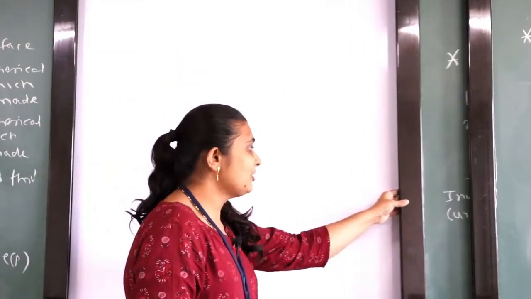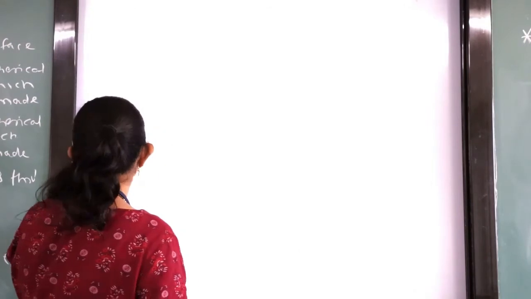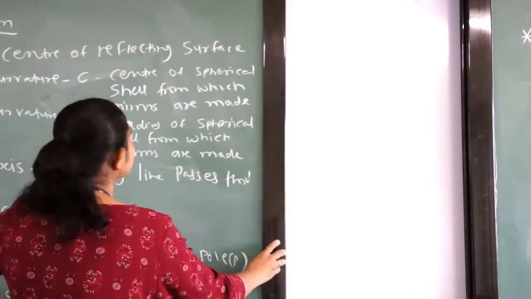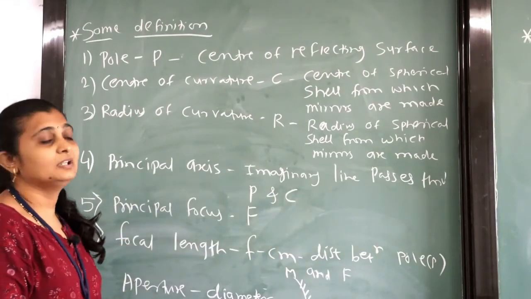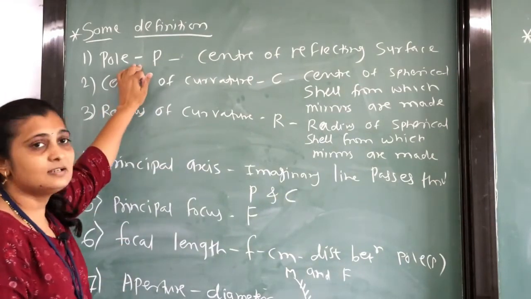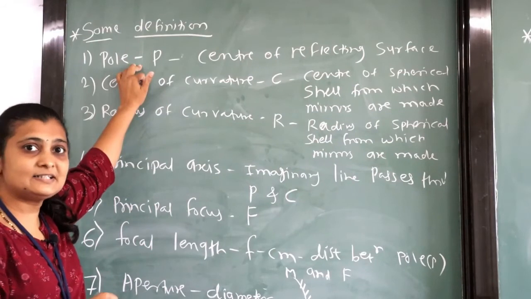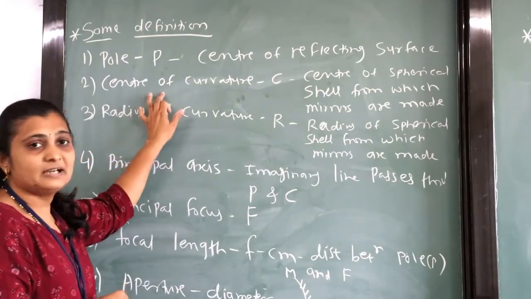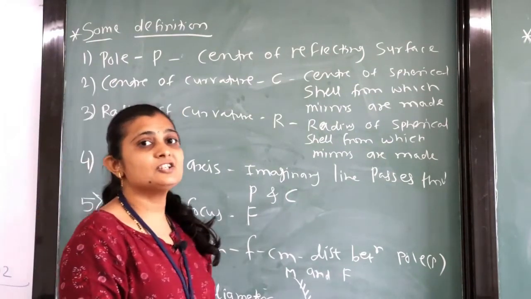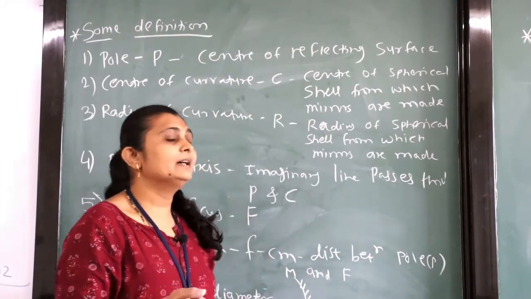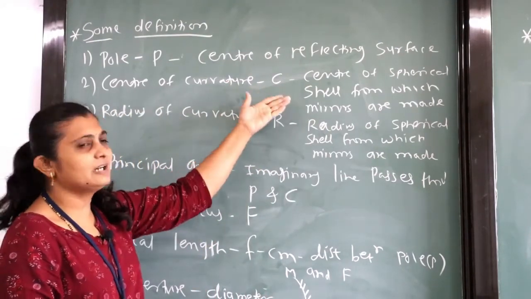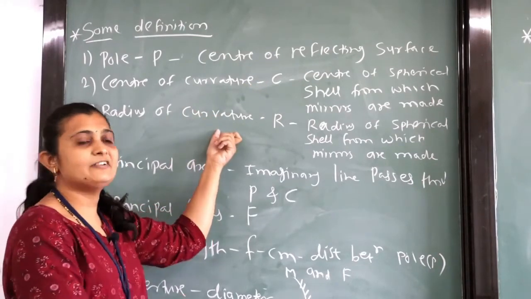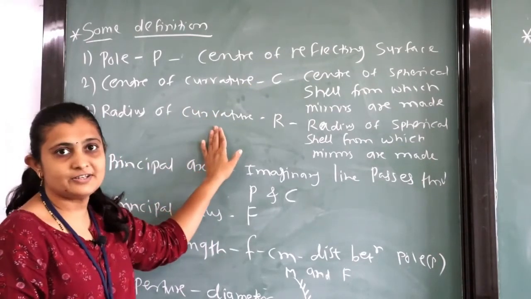And the next topic is some definitions related to mirrors. Pole: the center of the reflecting surface is called the pole. Center of curvature: the center of the spherical shell from which the mirror is made is called the center of curvature. Write the radius, and you get the definition of radius of curvature.